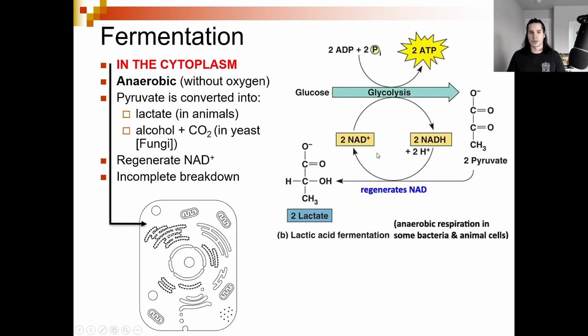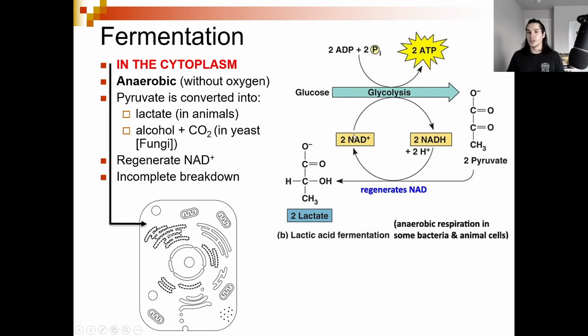And so what happens in fermentation is you take, and this is even more wasteful, you take NADH, so you have the fully loaded electron carrier, and you deplete it. You actually add those electrons to your pyruvate to make lactate. So you actually waste those electrons in order to get to NAD+.